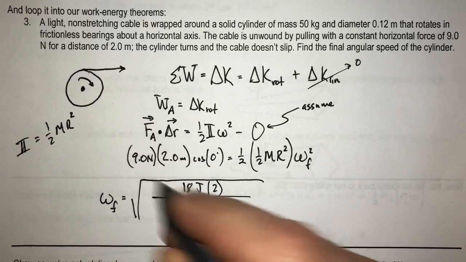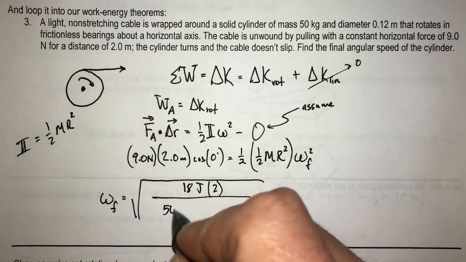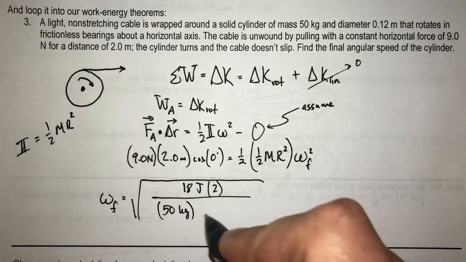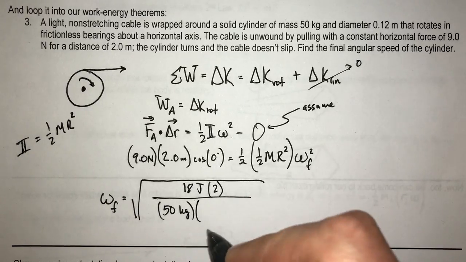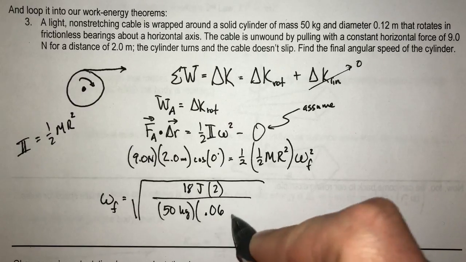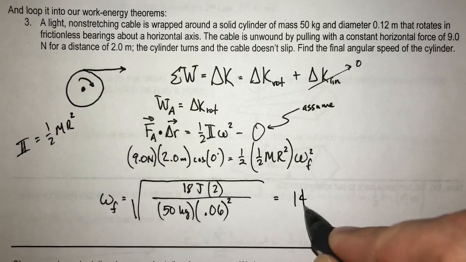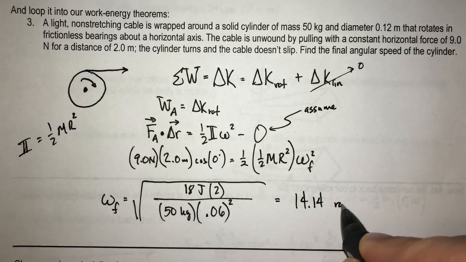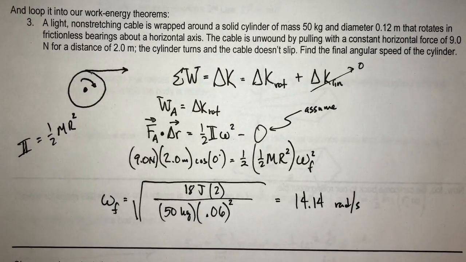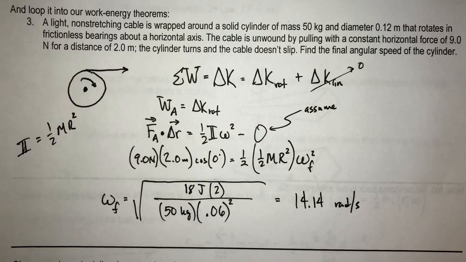Division by the half multiplies by 2. Mass of 50 kilograms. The square of the radius, 0.06. And we end up with, check my math on that, 14 radians per second.